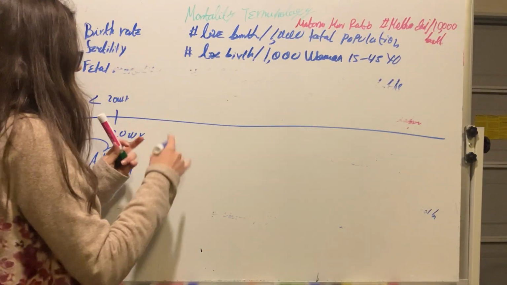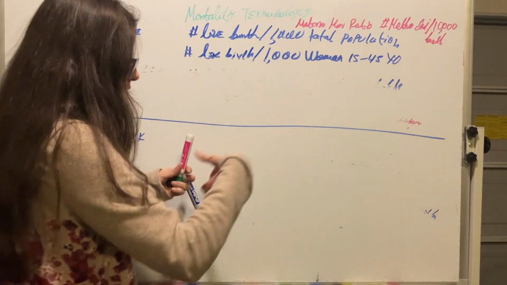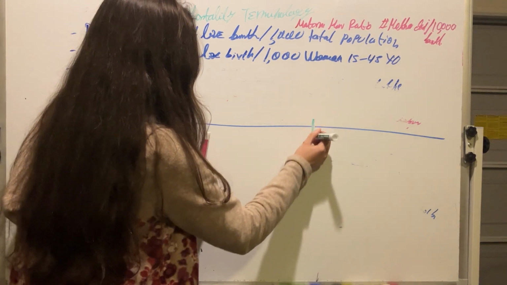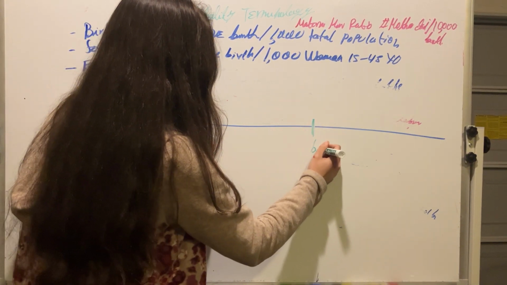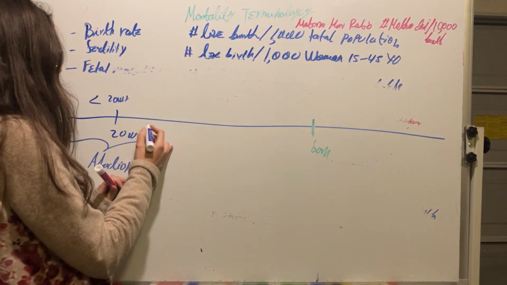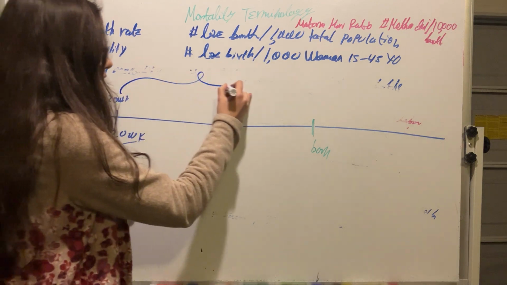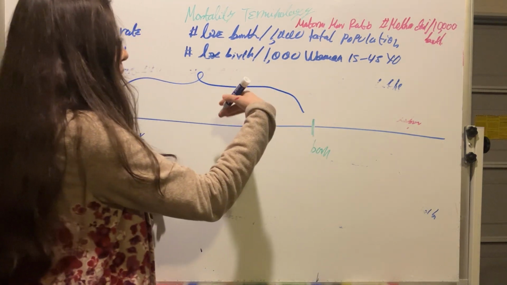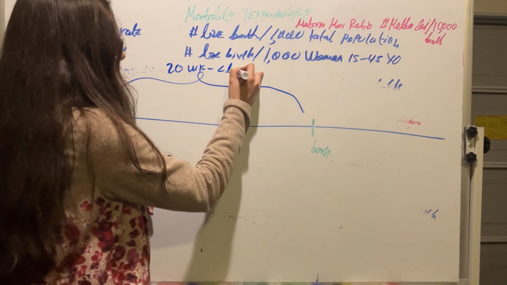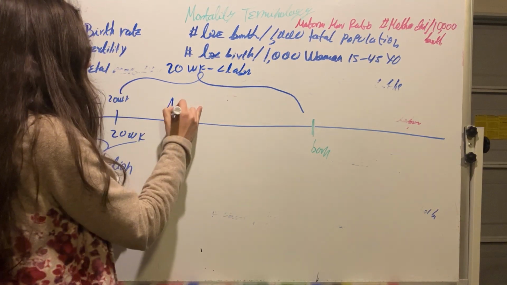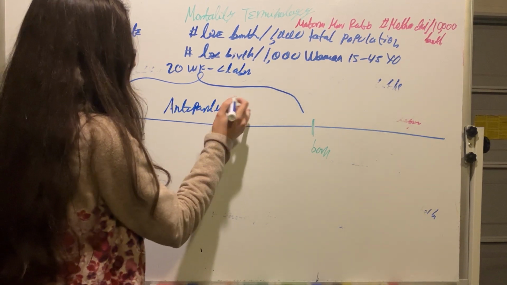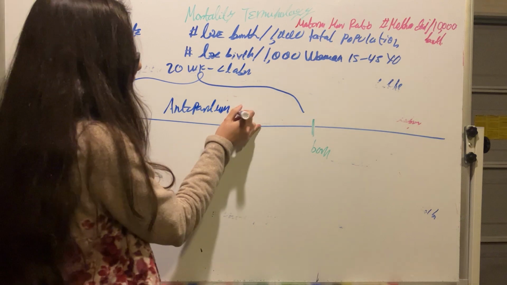If we have, let's say here is the due date, here the baby was born, so up to before 20-week gestation, up to before labor, this is antepartum mortality or antepartum death.